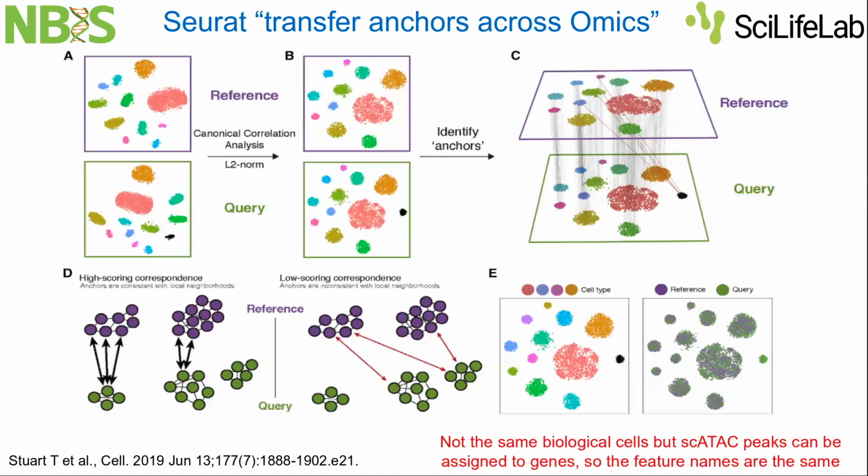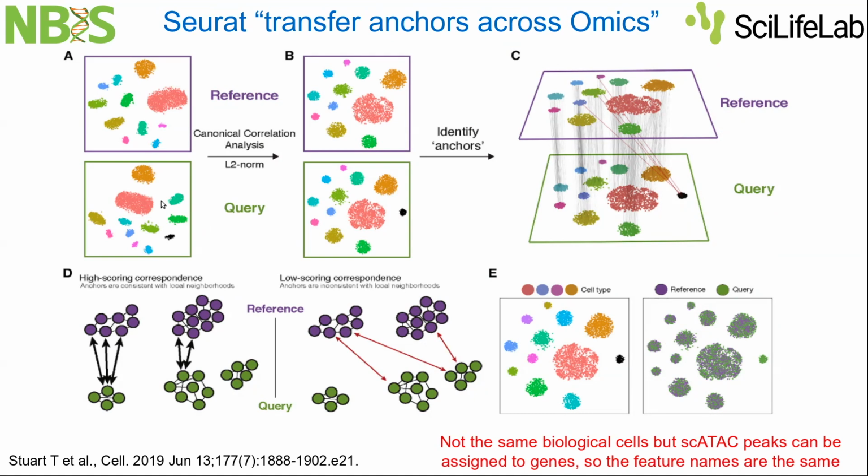But Satija still said, okay, the cells are different and the features are different, but we can at least map single cell ATAC-seq peaks to gene names. They replaced ATAC-seq peaks with gene names, essentially bringing these two data sets back to the situation when you are working within a single omic, within RNA-seq, and just integrating across cells rather than across omics, bringing it back to horizontal integration.